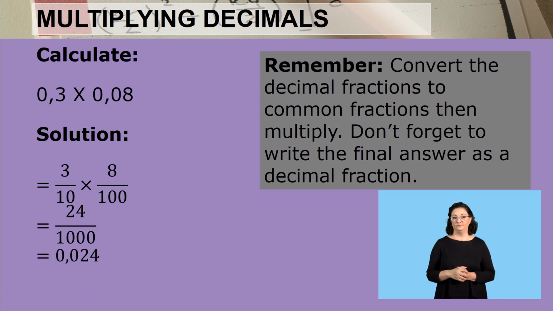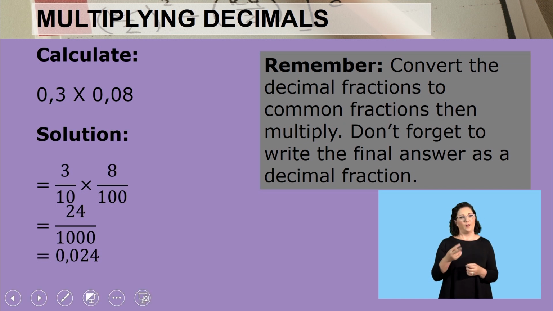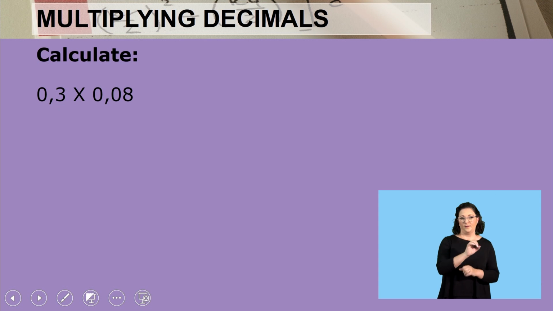And converting this back to decimals will definitely give us 0.024. Let's look at the same example using what we've just explained. 0.3 multiplied by 0.08. How many decimals do we have? 1, 2, 3. So we have 3 decimals. And our answer must have how many decimal places? 3 decimal places.